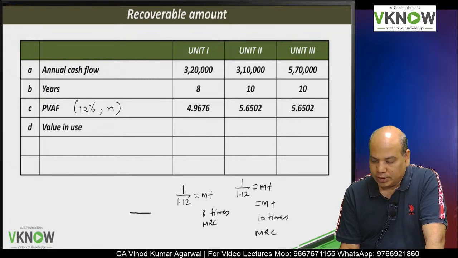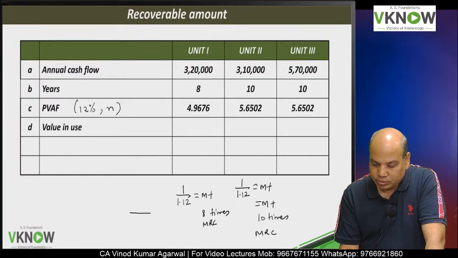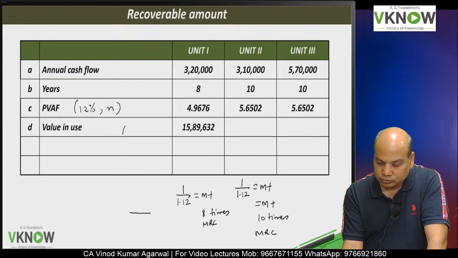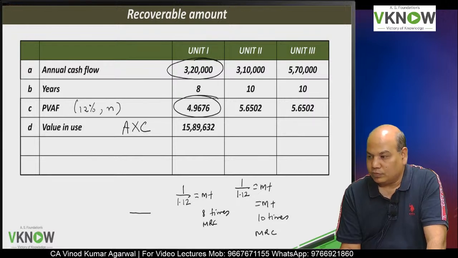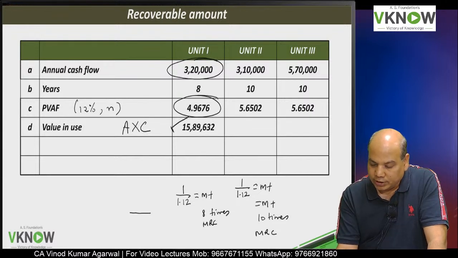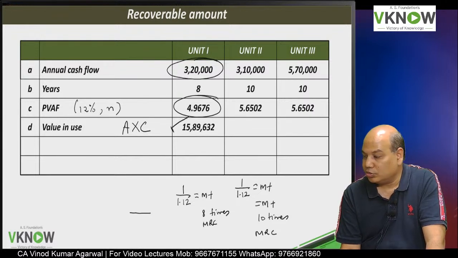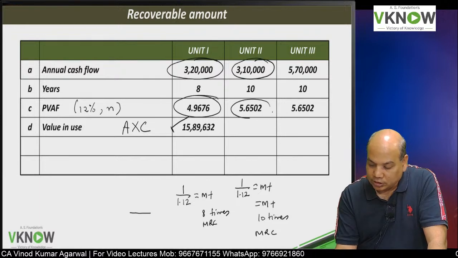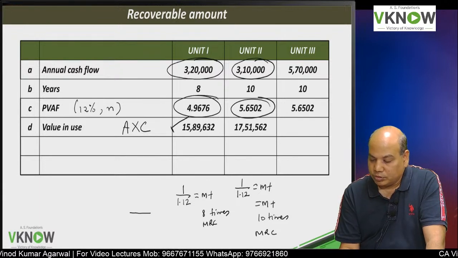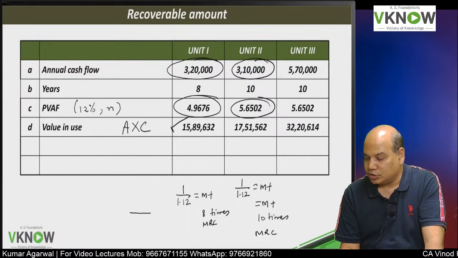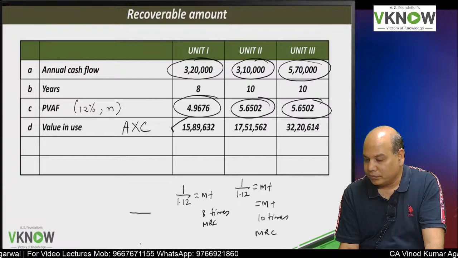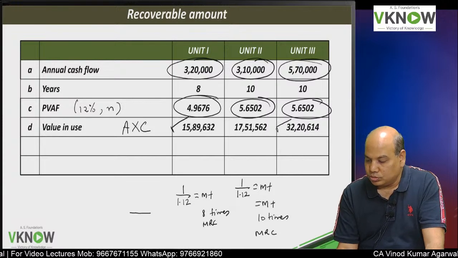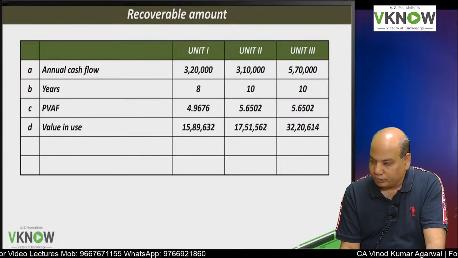Then you write value in use. Multiply the cash flow number A into C, 3,20,000 into the factor. You will get 15,89,632. 3,10,000 into this number, 17,51,562. 5,70,000 into this number, 32,20,614.